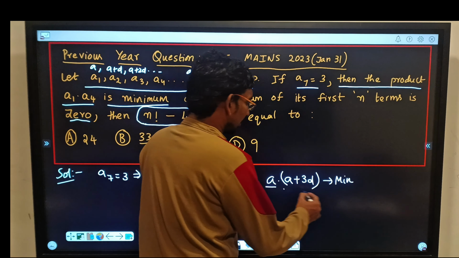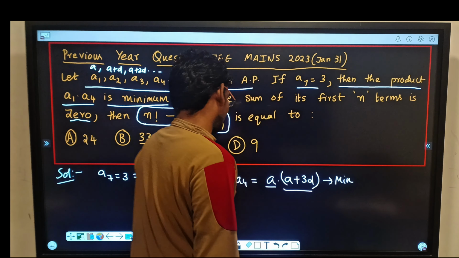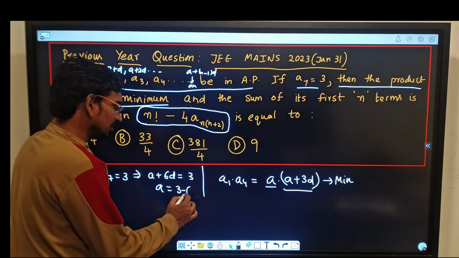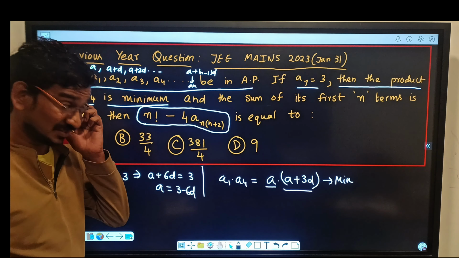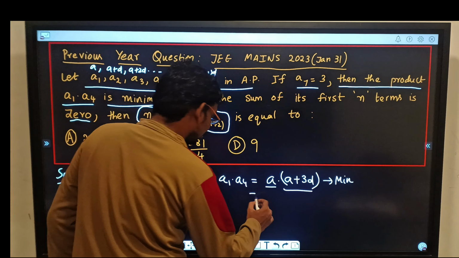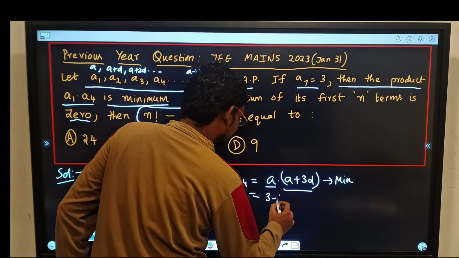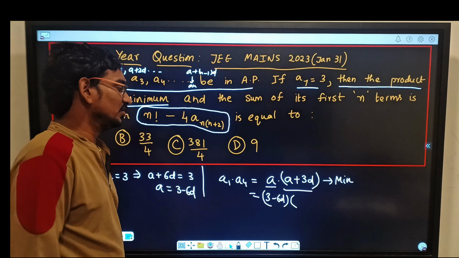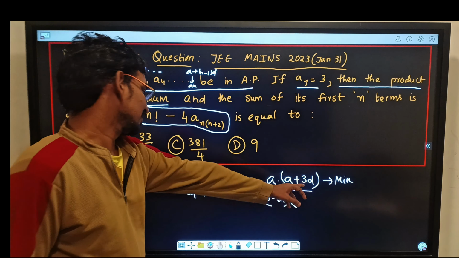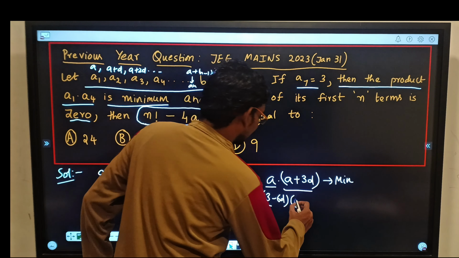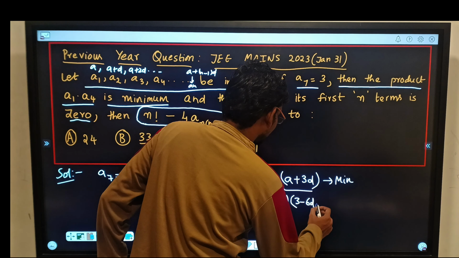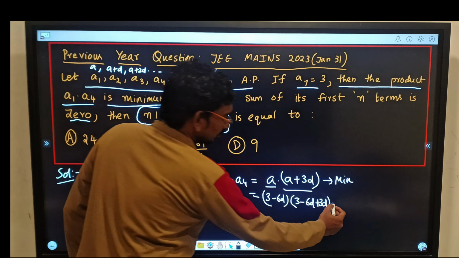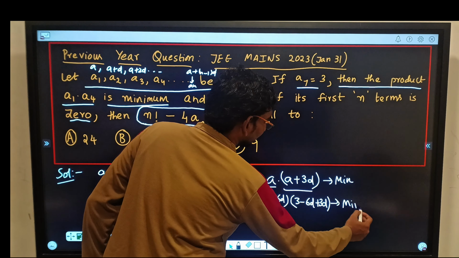A into A plus 3D is minimum. A is 3 minus 6D from this condition, so substitute A as 3 minus 6D into 3 minus 6D into A plus 3D, which is 3 minus 6D plus 3D. This is the minimum product, correct?